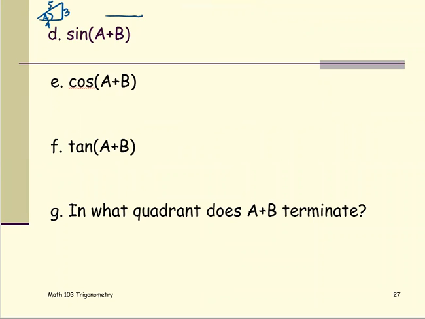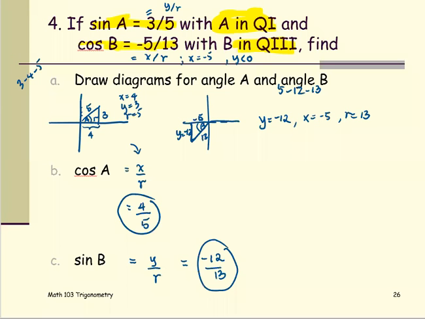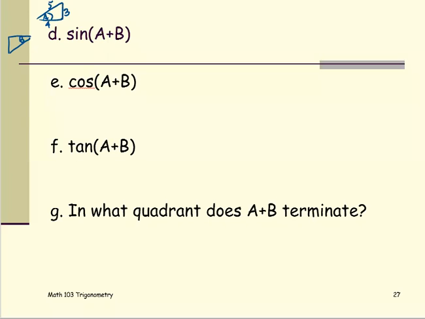And for B, in the third quadrant, we got negative 5, negative 12, and 13. That's for angle B. Then for the sine of the sum of A and B, using the sum formula for the sine function, which is sine A times cosine B plus cosine A times sine B.